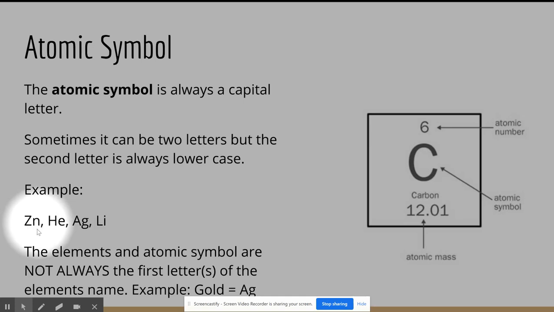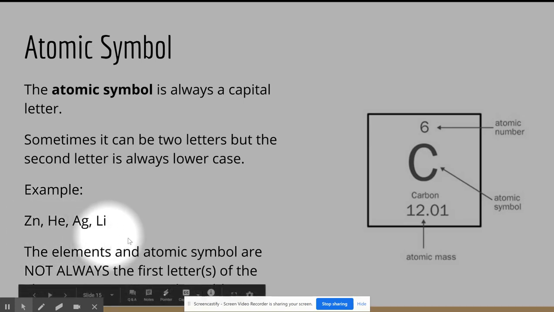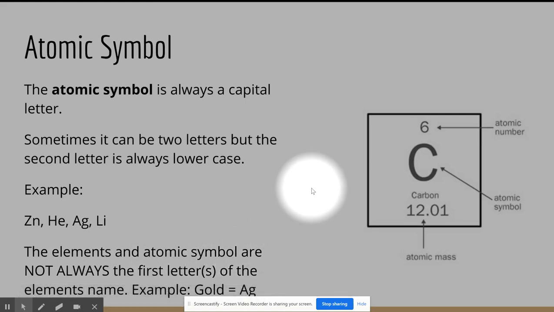That's important. The elements and the atomic symbol are not always the first letter of the word in English. So in this case, I picked carbon, and so we had C, C, and C, but that's not always the case. In fact, gold is Ag.